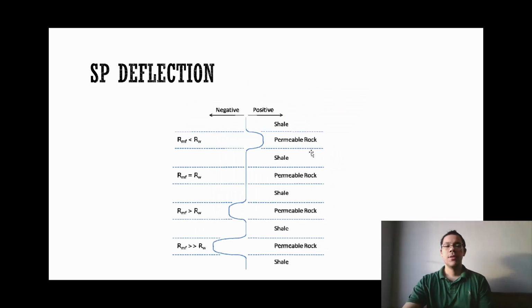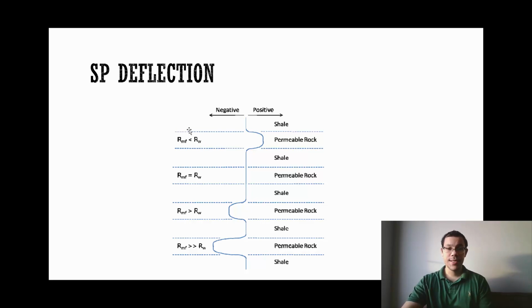Now, regarding why the SP curve moved to the right or to the left, this is the reason. It depends on the relationship between the resistivity of the mud filtrate and the resistivity of the water in your formation.